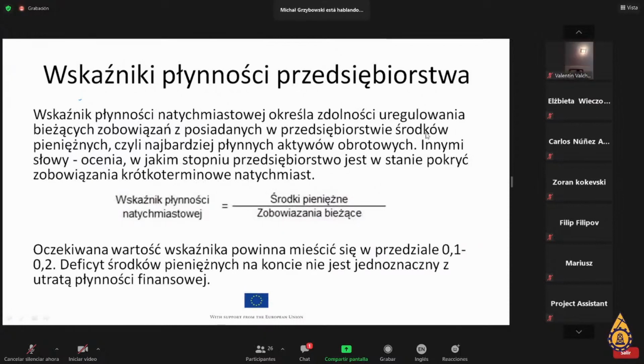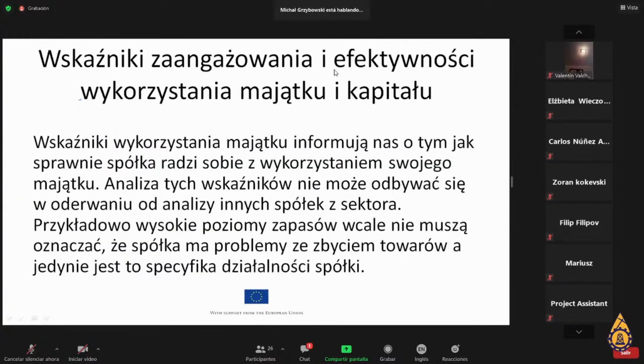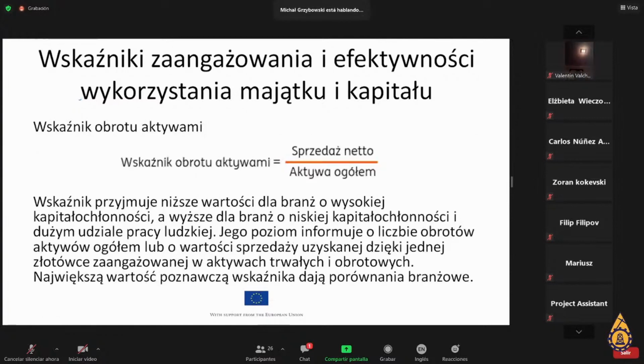Moving on to the ratio analysis, I would like to say that those metrics tell us how effectively we utilize our assets. And it's very easy to compare two enterprises of sizes which are completely different. And you can also compare companies from different sectors.